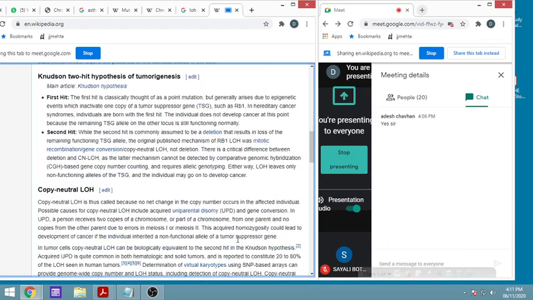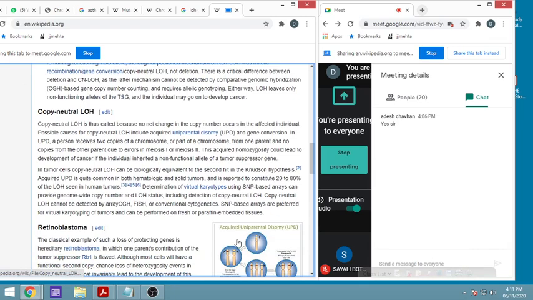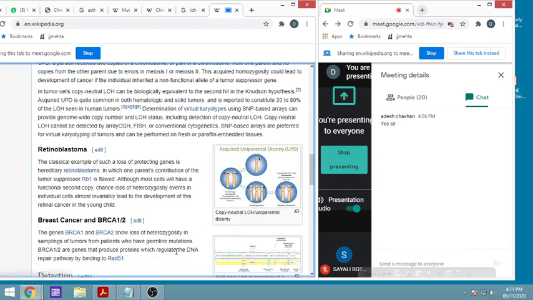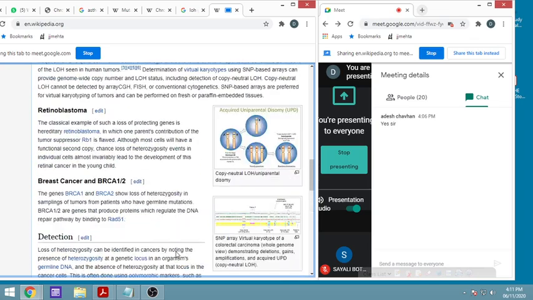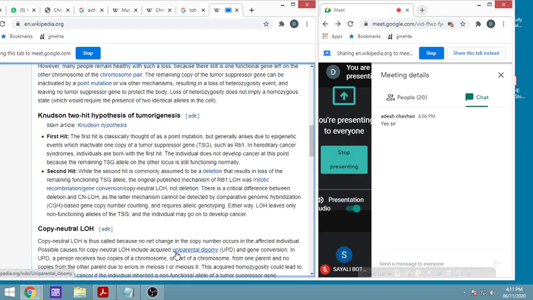Apart from that, this is also found in retinoblastoma, another disease, and in breast cancer; in certain conditions this particular LOH has been found. So this is what LOH is, and it is responsible for certain diseases, as we have seen, cancer and retinoblastoma, etc.